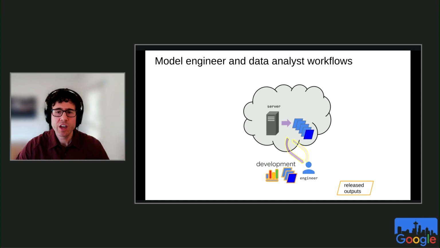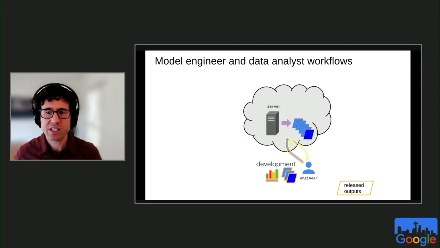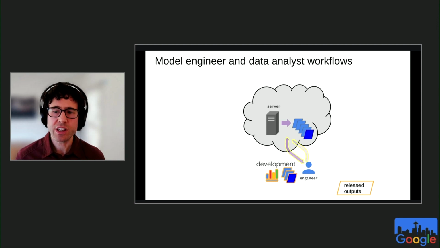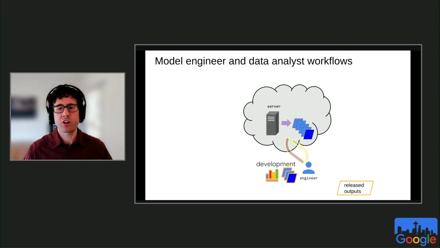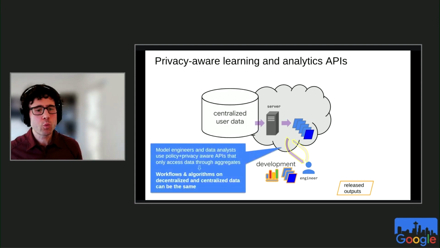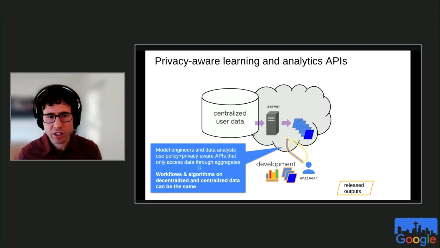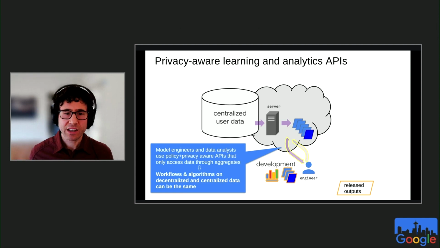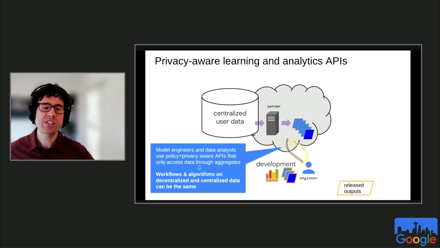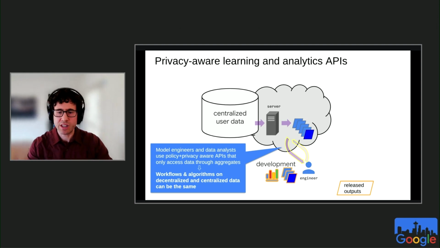And in particular, if the engineer or the data scientist has access to interfaces that allow raw data inspection, it's generally going to be impossible to federate those workflows or to provide strong anonymization guarantees. On the other hand, if model engineers and data analysts use privacy and policy aware APIs that only allow access through aggregates, then the workflows and algorithms on decentralized and centralized data can be the same.